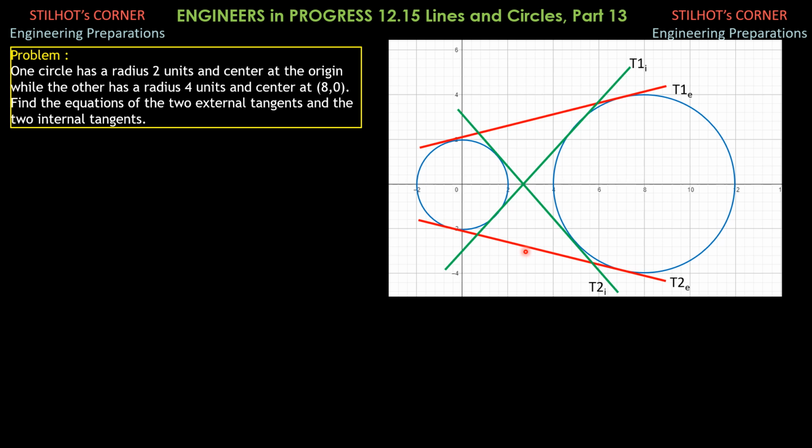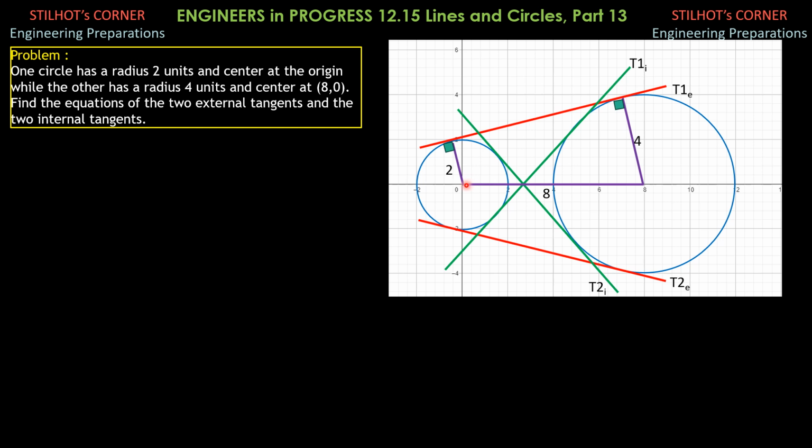So we have to draw the points, locate the points of tangency as shown, and the radii, so that we can analyze this equation. So this is 2 units, radius 2, 4 units, distance between centers 8.